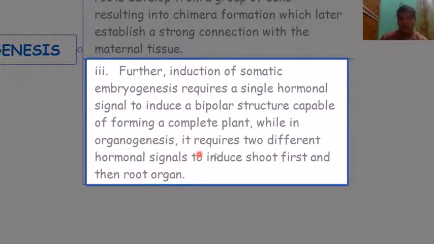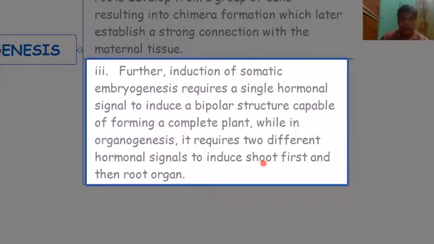So it is the usual practice of organogenesis that we first induce the shoots, and then after shoot multiplication, we go for rooting of those shoots to complete the plant production. In somatic embryogenesis, only a single hormone induction gives the bipolar structure, which simultaneously forms shoot and root both, and it leads to complete plantlet production after maturation. Thus it is a fast and easy approach to micropropagation compared to organogenesis.